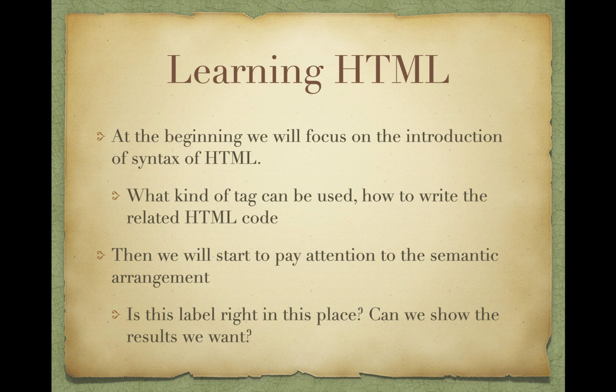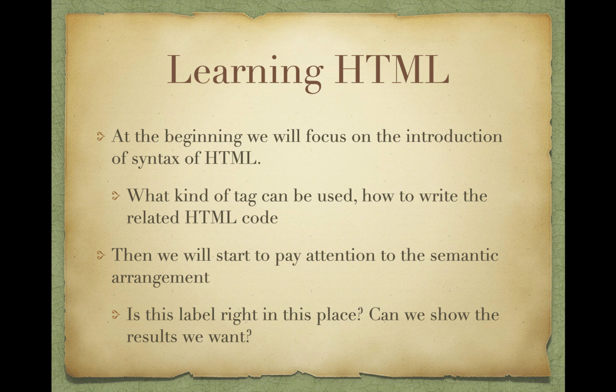Okay, so when we consider how to learn to write HTML code, at the beginning we will focus on the introduction of syntax. I will show you the many syntax rules and the basic structure of HTML. And then there are many tags. I will introduce each tag. P means a paragraph. Img means an image.